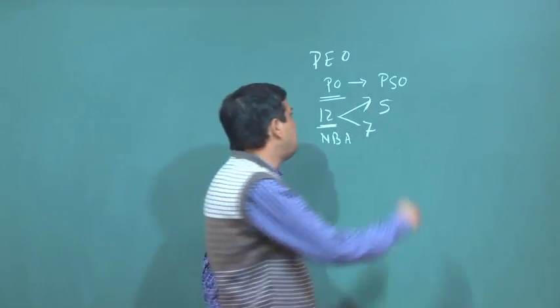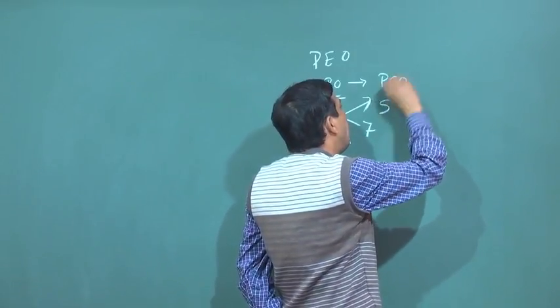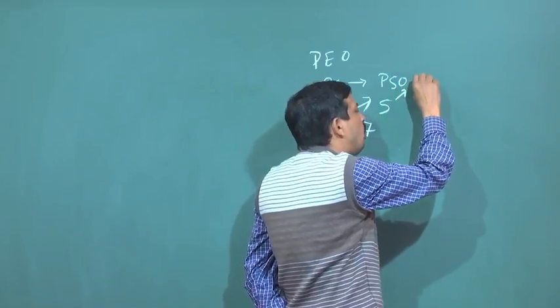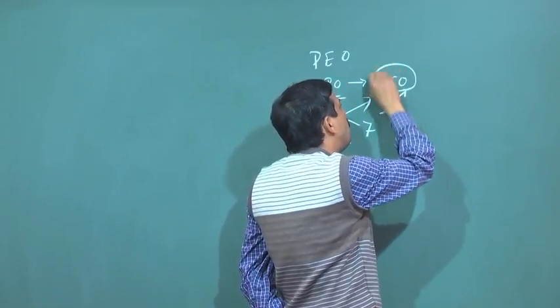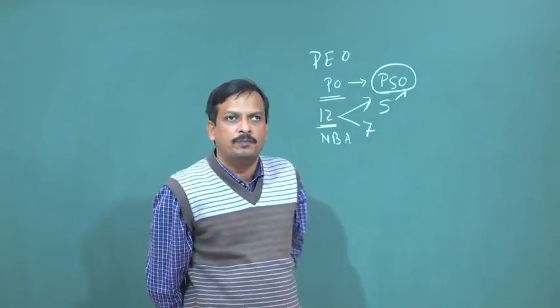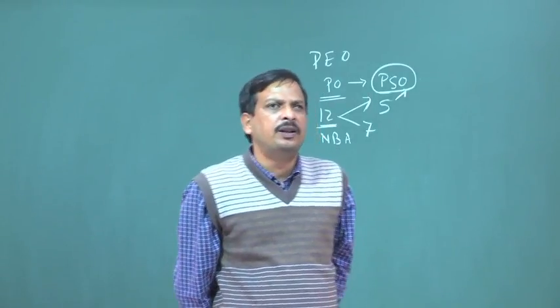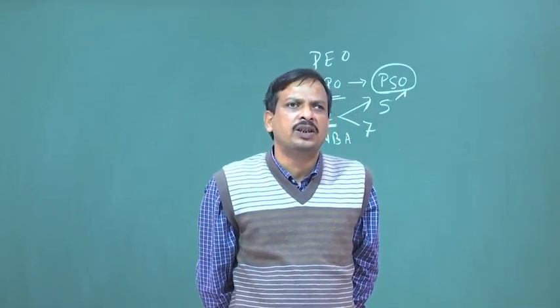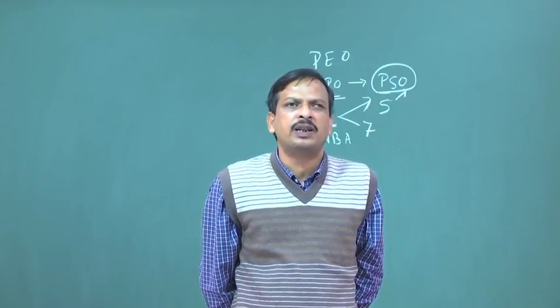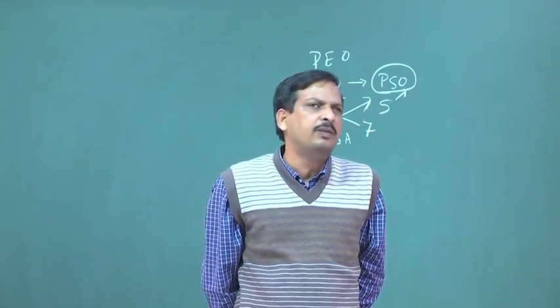If a PO is written for a specific domain, it is called a PSO, program specific outcome. The domain independent POs are communication skill, ethics, project management, finance, lifelong learning, environment and sustainability.